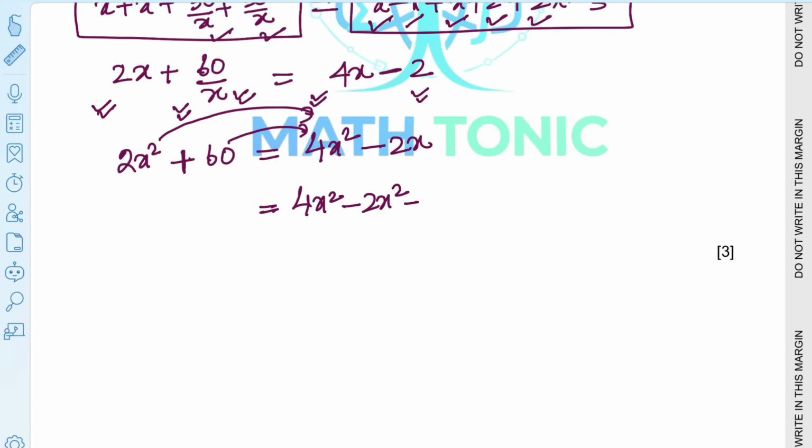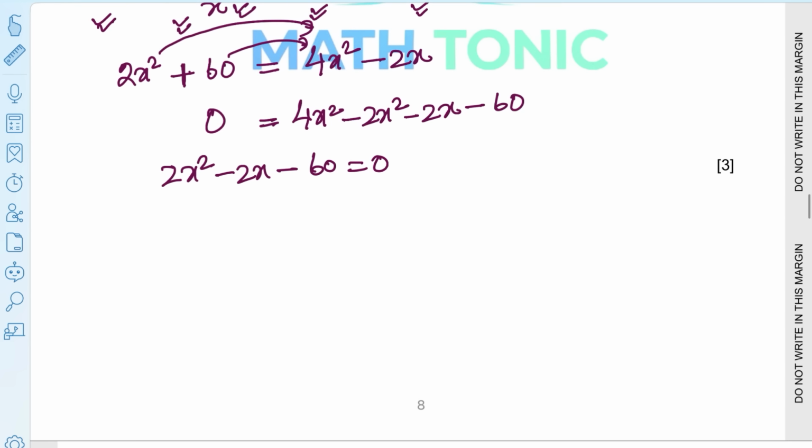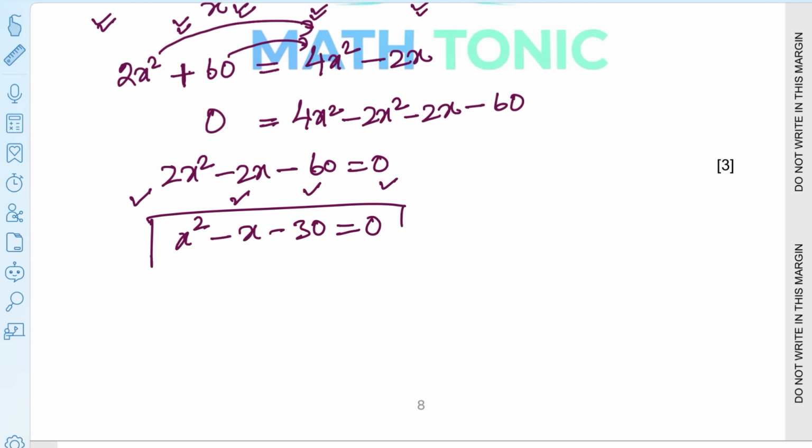So here we have minus 2x already and minus 60, and this equals 0, right? So 4x squared minus 2x squared becomes 2x squared minus 2x minus 60, that equals 0. To simplify more, divide everything by 2. So we can say x squared minus x minus 30 equals 0. This is what I got, right?